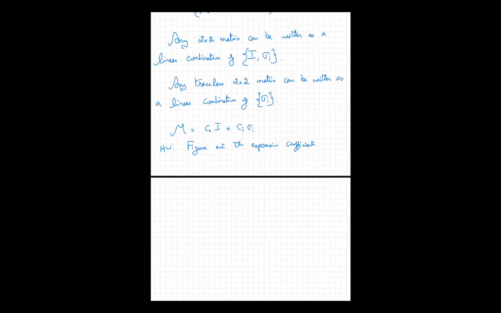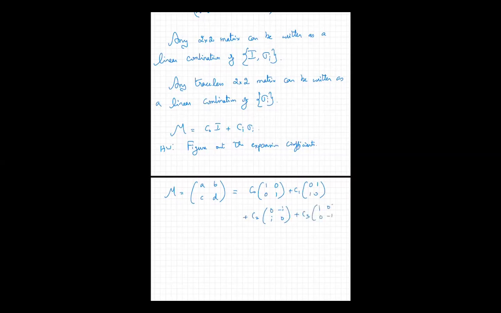So you should be able to figure out, if I write M as some A, B, C, D, what is the particular decomposition that we are looking at. So I should be able to write this as C0 times (1, 0; 0, 1) plus C1 times (0, 1; 1, 0) plus C2 times (0, minus i; i, 0) plus C3 times (1, 0; 0, minus 1).